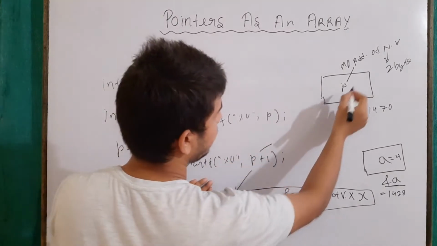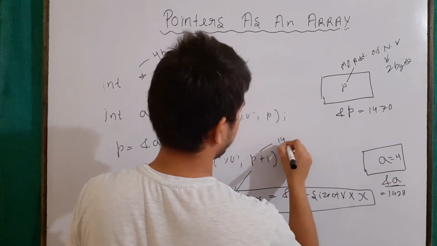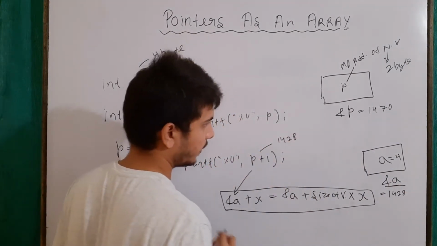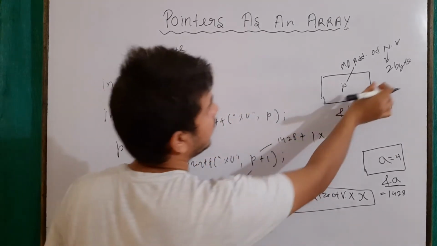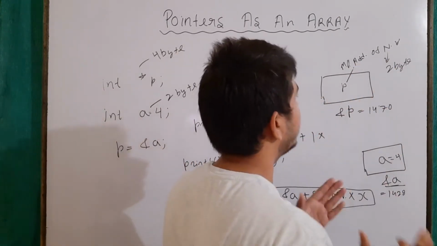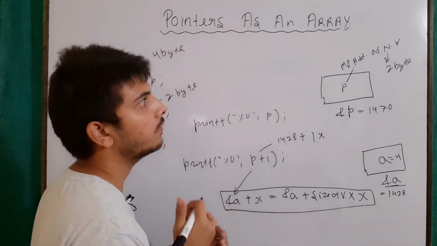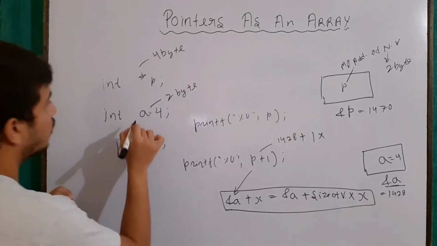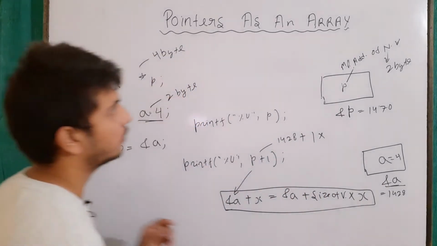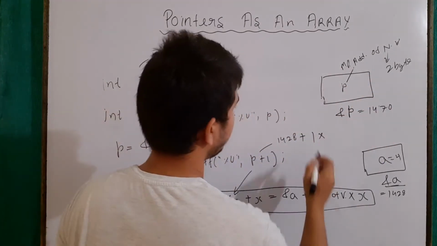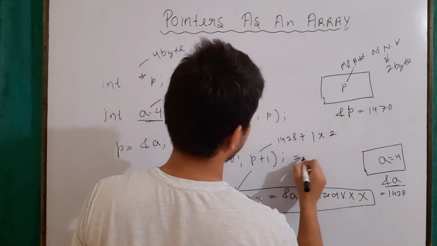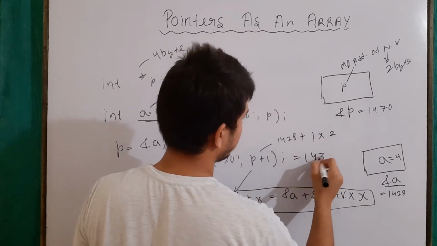p is right now 1428, then plus 1 into the size of this variable. It is holding the address of a normal variable, so we will consider the size of the normal variable, not of the pointer variable, which is 2 bytes, so it will be multiplied by 2. So here our output will be 1430.